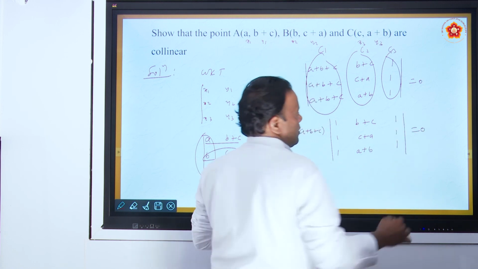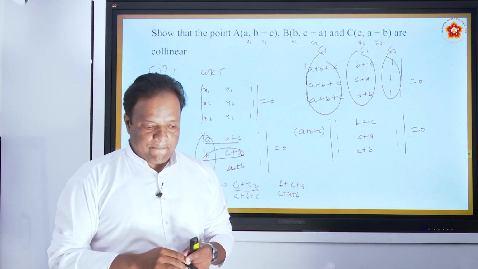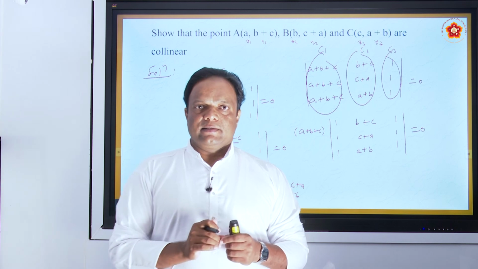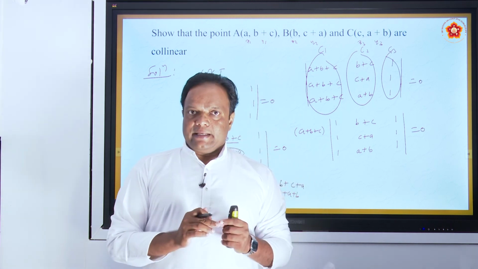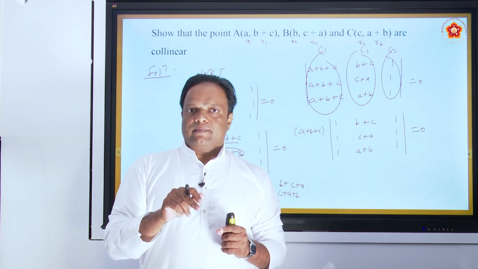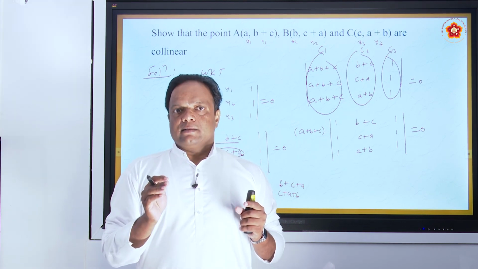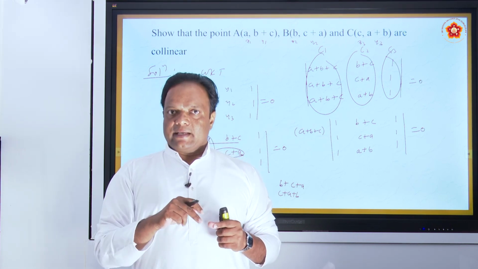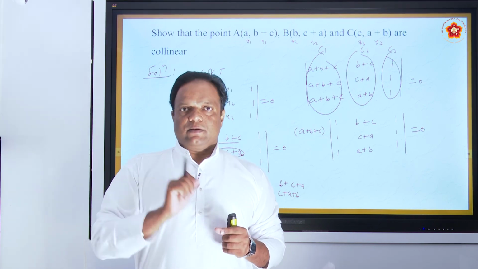We know another property of determinants. In a determinant, if any two rows or any two columns are identical or the same, then the determinant value is 0.